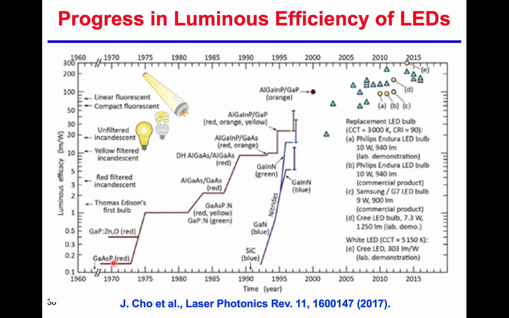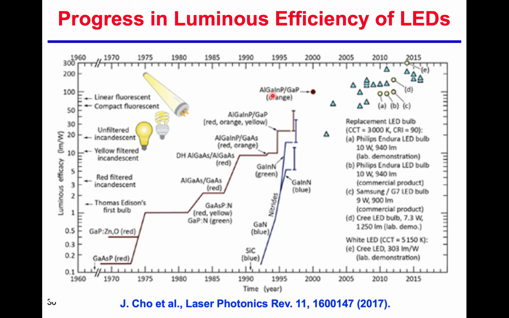As we said before, for the longer wavelengths, starting from different kinds of materials, gallium phosphide, aluminum gallium arsenide, or so, but the really strong increase happened in about 1990 to 2000.